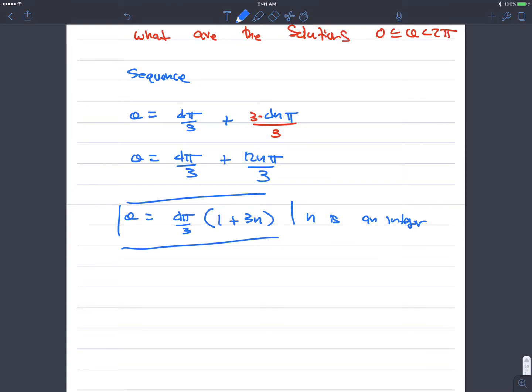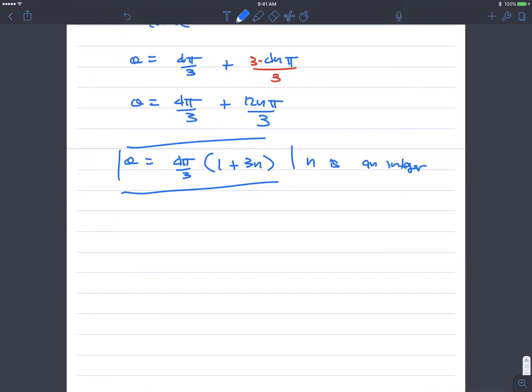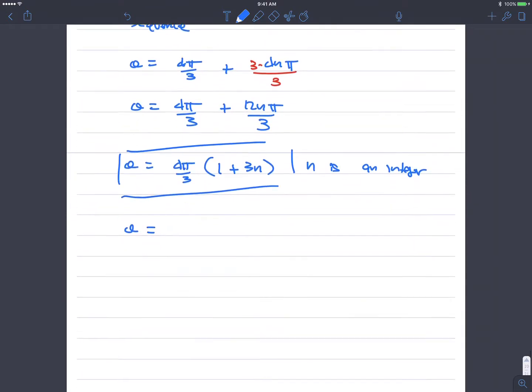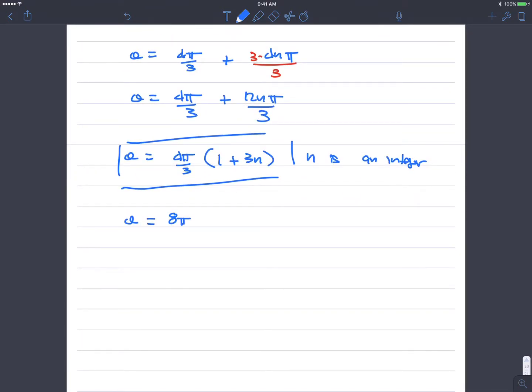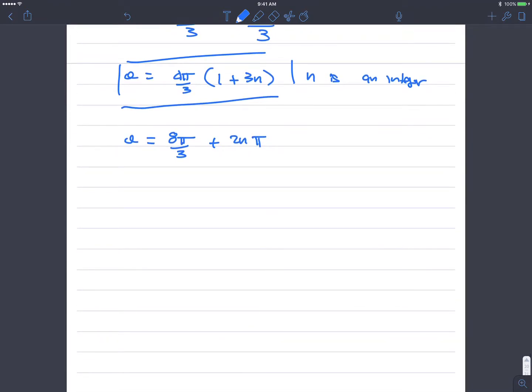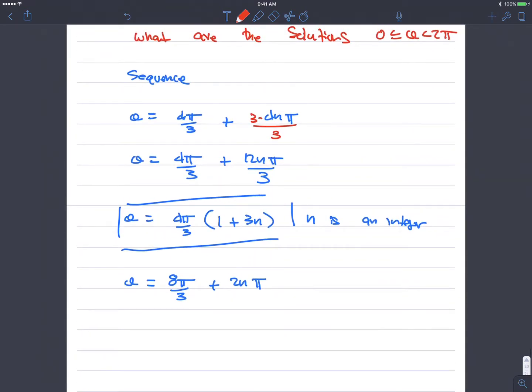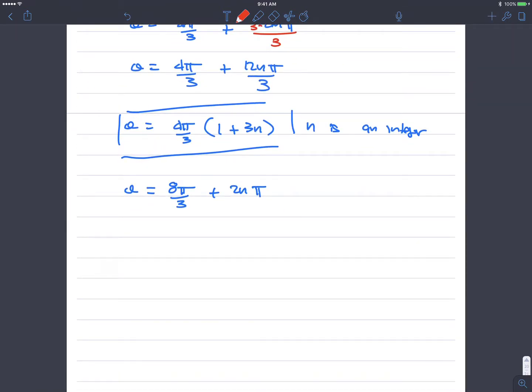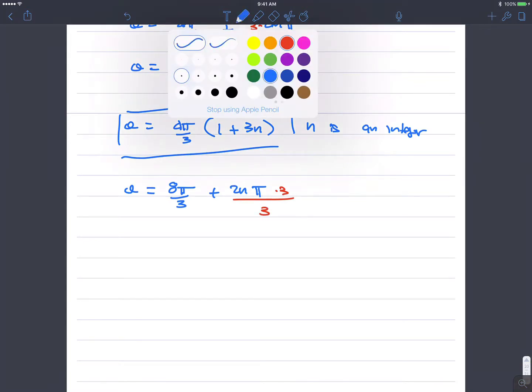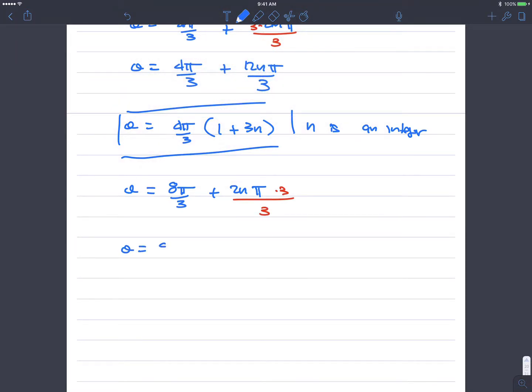Double check that solution. The second one, we say, okay, theta being 8 pi over 3 plus 2n pi, and multiply top and bottom again by, let's go back, yeah, by 3, sorry. So you get theta being 8 pi over 3 plus 6n pi over 3.